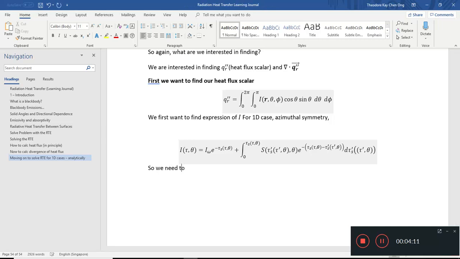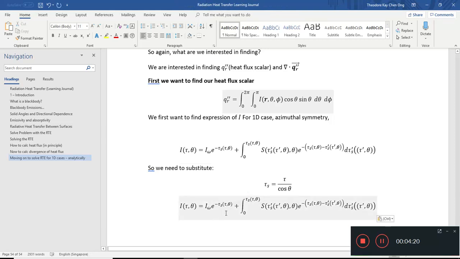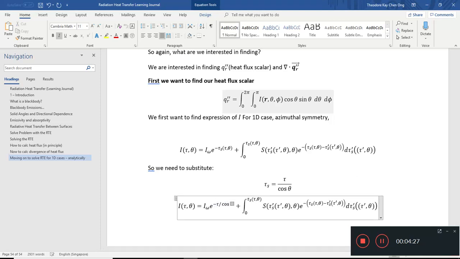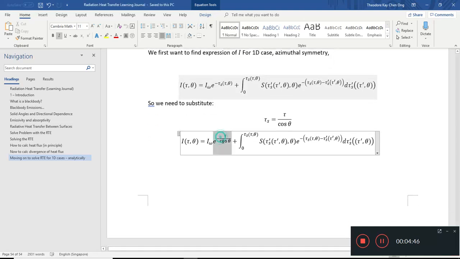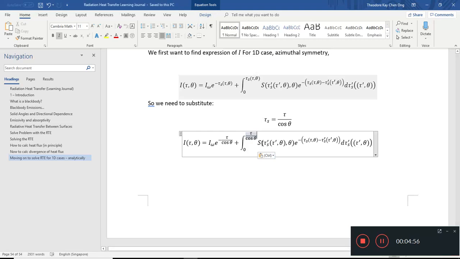Every time you see tau s, we will just put tau over cosine theta, and that will give us the radiation.